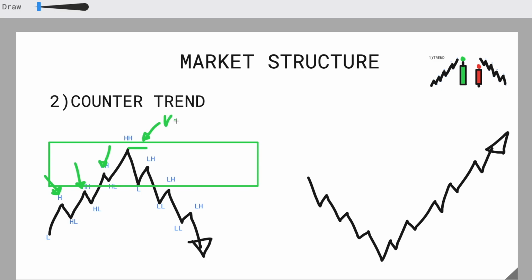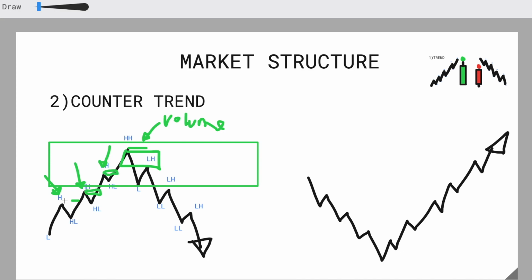Volume will tell me if the money is taken out or not. Okay, so on top is volume, but at the bottom of every one of them is a supply zone. So here will be a supply zone, here will be a supply zone, here will be a supply zone.